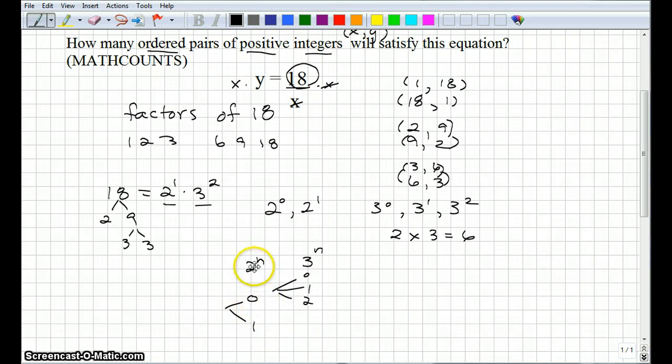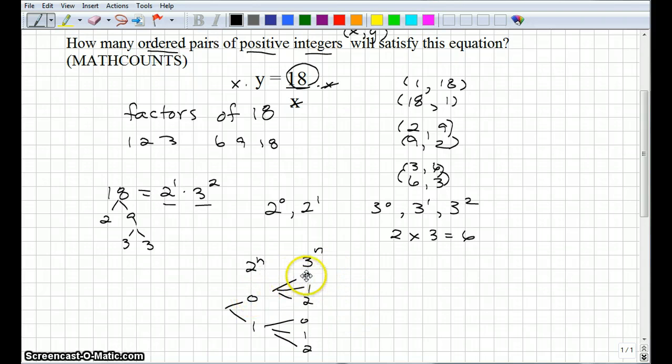If the exponent on 2 is 0, then the exponent on 3 can be 0, 1, or 2. And if the exponent on 2 is 1, again, the exponent on 3 can be 0, 1, or 2. So that gives us all the combinations.